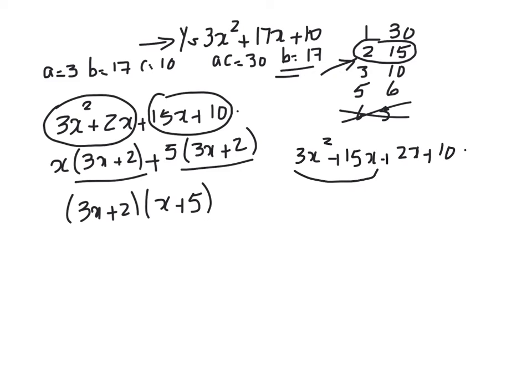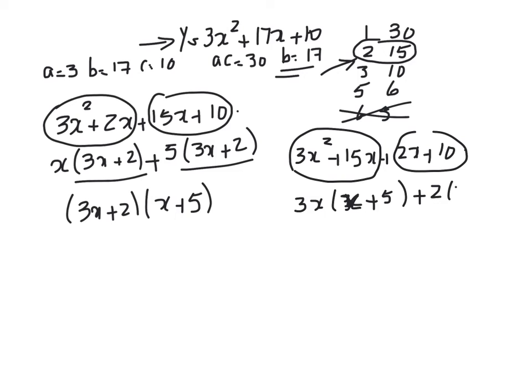Now I take these two terms. The common factor between them is 3x. So 3x squared divided by 3x gives me x, and 15x divided by 3x gives me 5. Now take these two terms, 2x plus 10, the common factor is 2, so I get x plus 5.